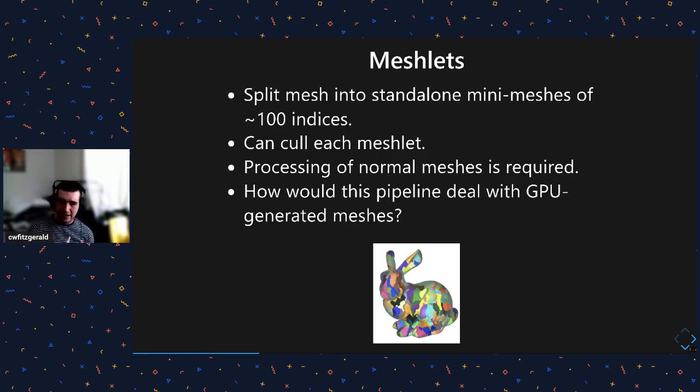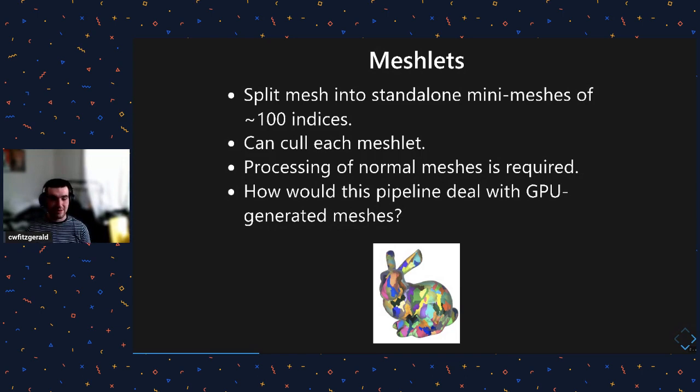However, they're actually quite limiting in a lot of ways. They require processing of meshes into meshlets because it's not trivial to go from one to the other. Often you'd use something like meshopt, but that's a CPU side slower process.